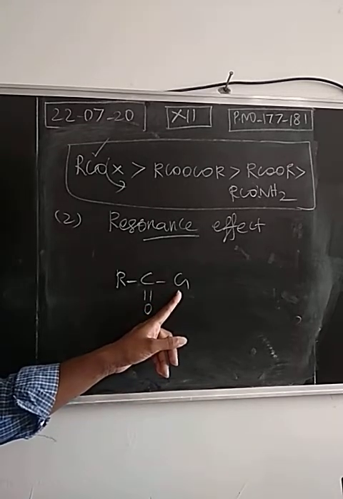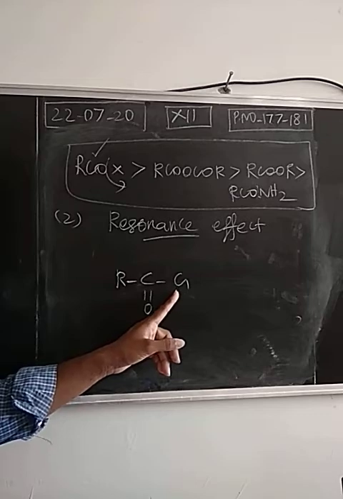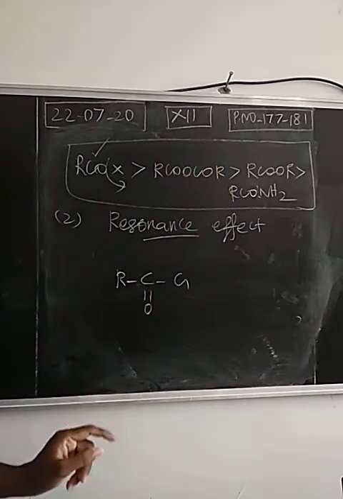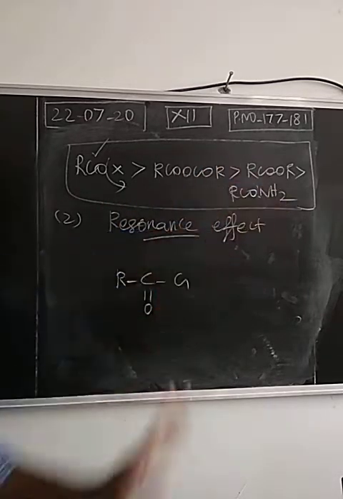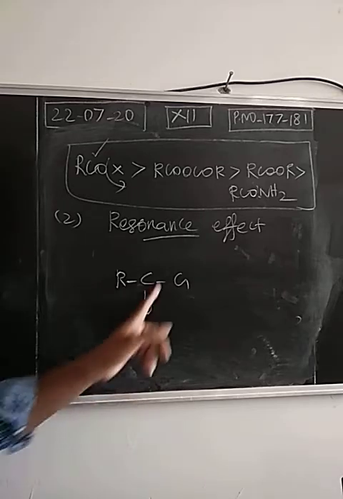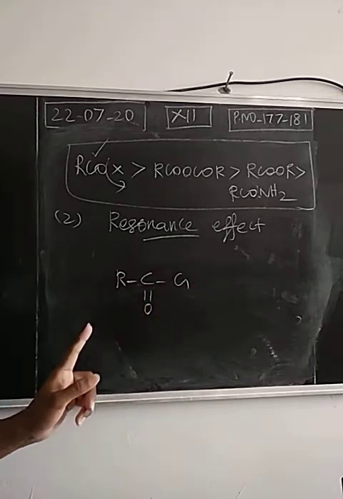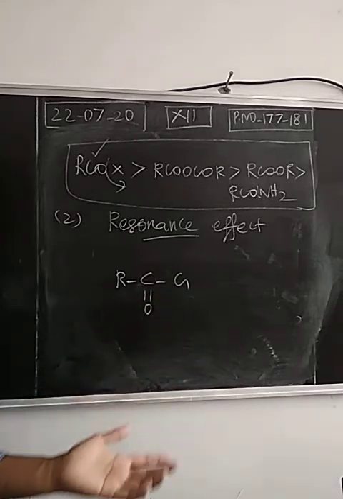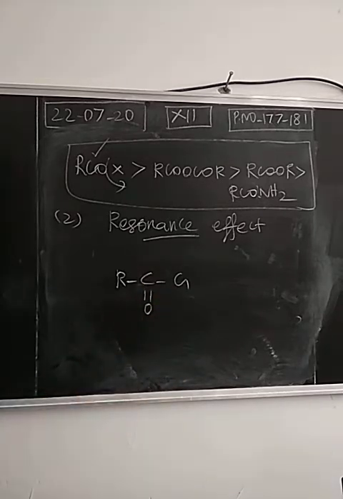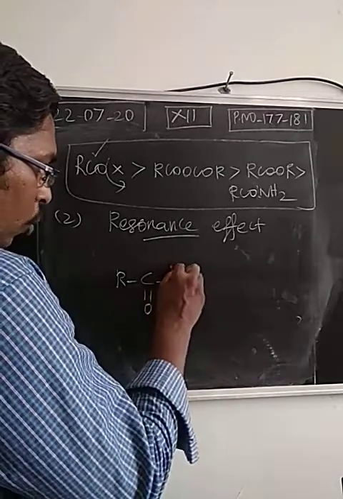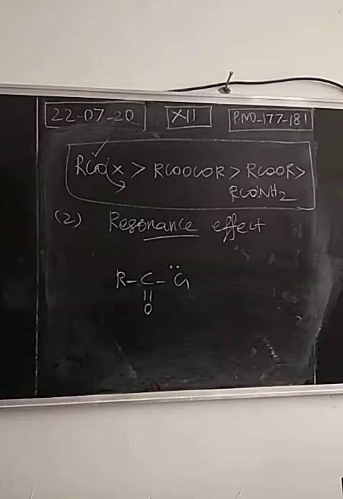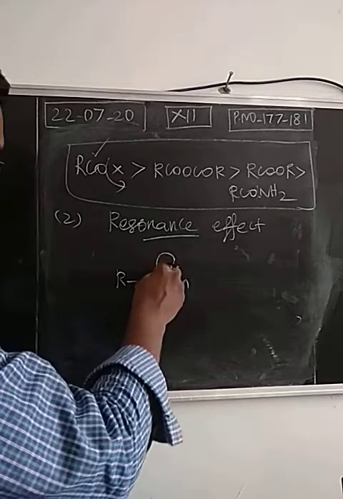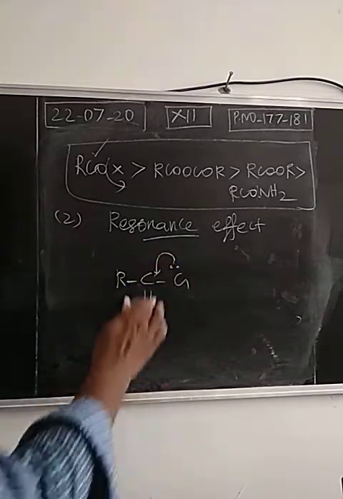So this may be a chlorine, or this may be an NH2 group, or an RCOO group, or an RO group, whatever it may be. So this is the functional derivative. So OH may be replaced by a halogen or alkoxy group or amino group, whatever it may be. If the group has a lone pair of electrons, what happens? The lone pair of electrons will be shifted here.